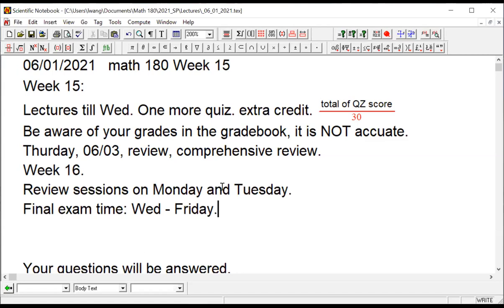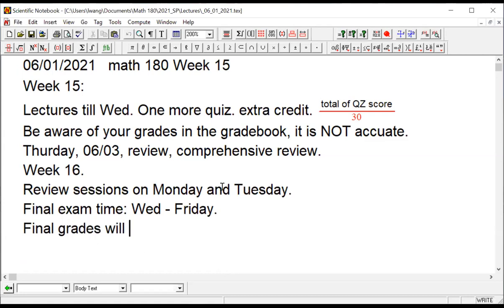Monday and Tuesday will be review, and Wednesday and Thursday there will be no classes, and you will be working on your final exams. After all the exams are done, at midnight Friday next week, I will download all the grades, and hopefully you will have your final grades available in week 17, the following week.